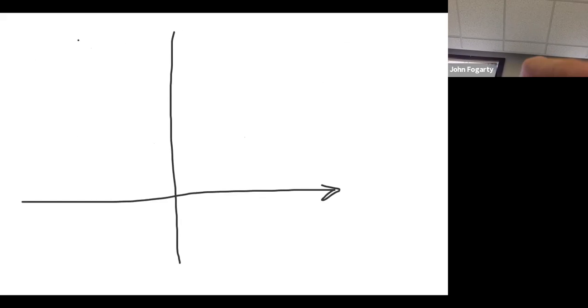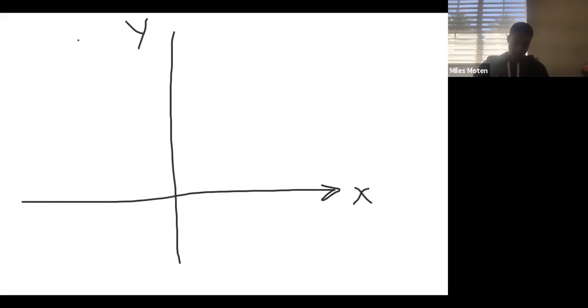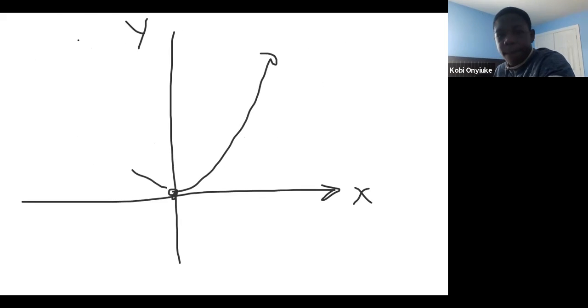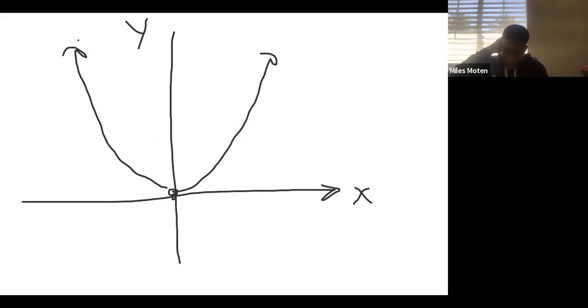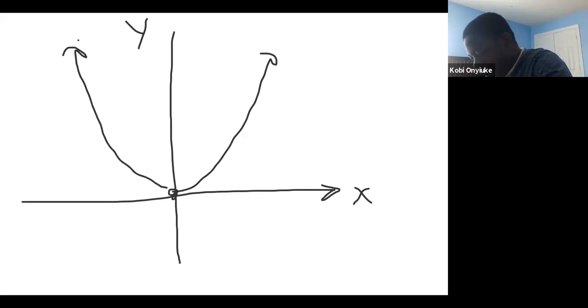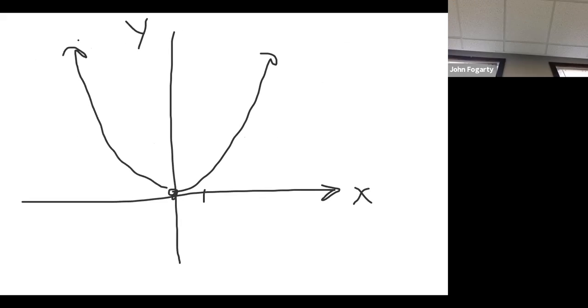Parabola. So x to the 0, what's anything to the 0? 0. x to the first, x is 1. What's 1 squared? 1.